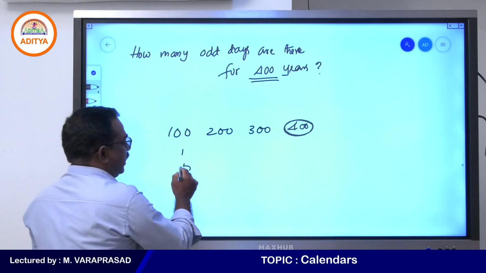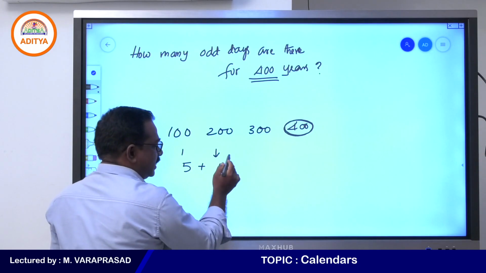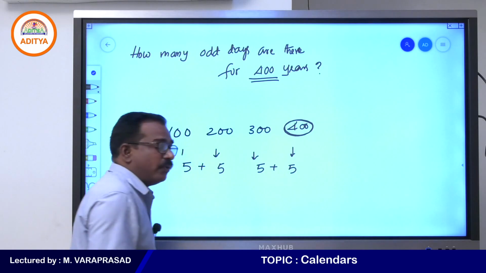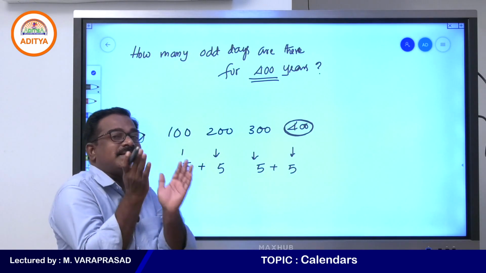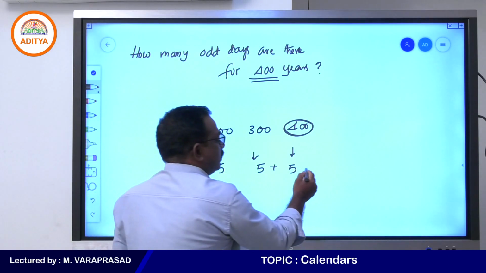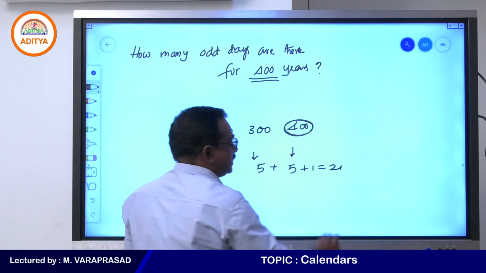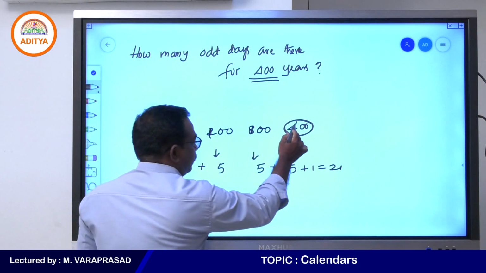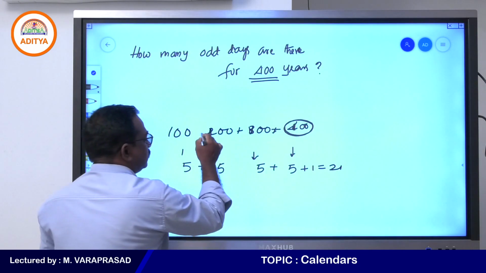So here 5 days, here 5 days, another 100 is 5 days, plus here also 5 days, and 400 is a leap year, which means one more extra day you will get in February. So totally 21 days.